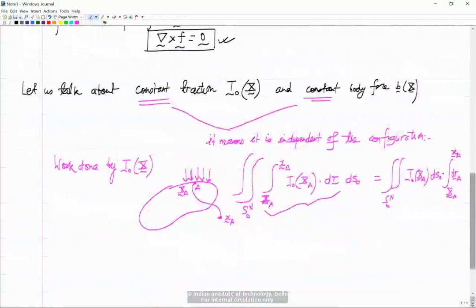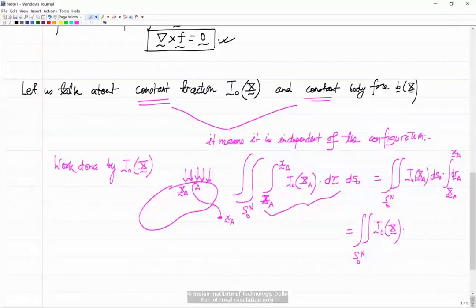Okay, which finally you can write as integral over S naught N of T naught of big X. If you generalize this big A to being any point on the surface, then big X A is simply big X dot with small x minus big X, right? ds naught. So that's the work done by this T naught.